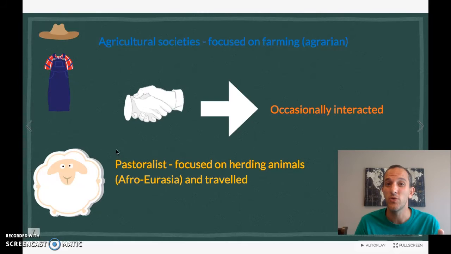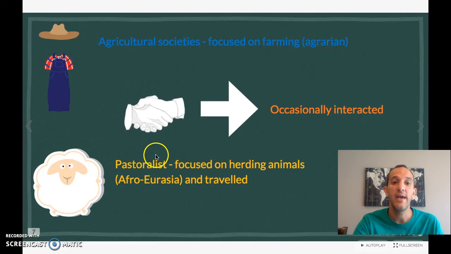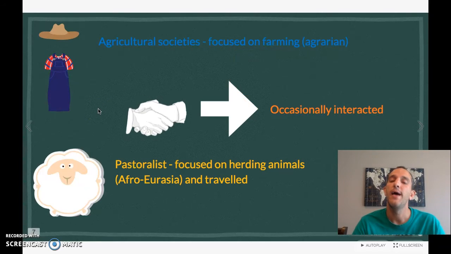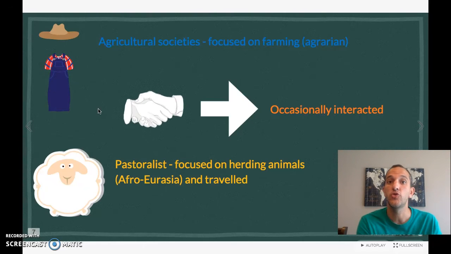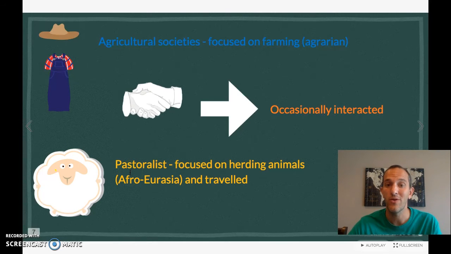So the pastoralists are going to end up occasionally interacting with these agricultural societies. That's my handshake there. And by occasionally interacting, these pastoralists are going to help transport knowledge and ideas to agricultural societies. So our pastoralist group here interacts with an agricultural society, Society X, let's call them.